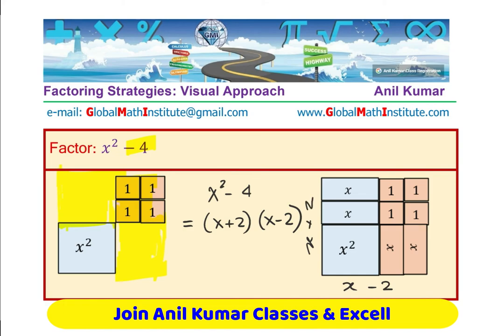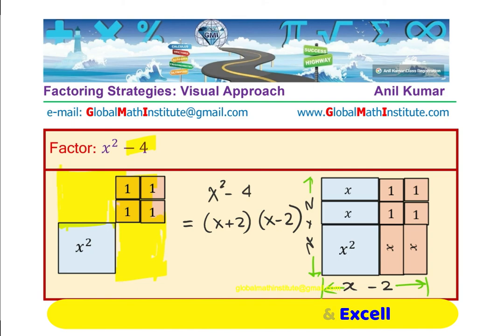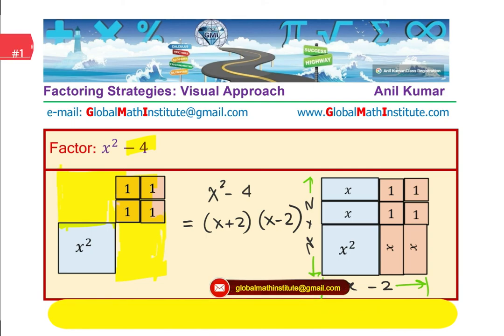Perfect. So that is how we have formed this particular rectangle. And this model helps us to visualize the factoring process. Make sense? Correct. So I hope with this you have understood the concept.